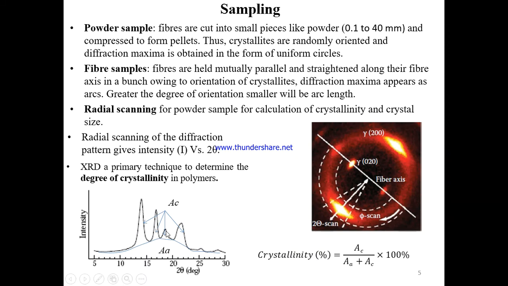Here you can see 1, 2, 3, 4 prominent intensity peaks. That means there were 4 concentric circles in the diffraction spectra, because the intensity was high.